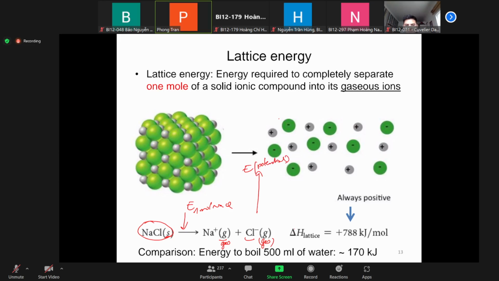Okay. If you pick up the sodium and chlorine gas in separate form, you have high energy like this. When you make sodium chloride solid, the process is downhill.